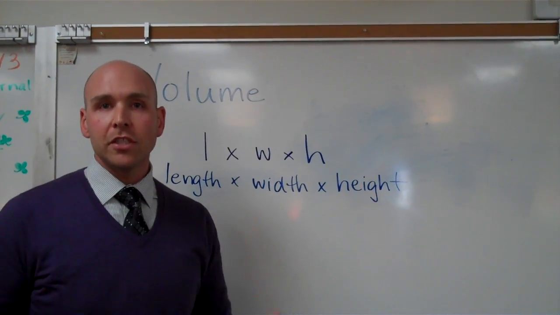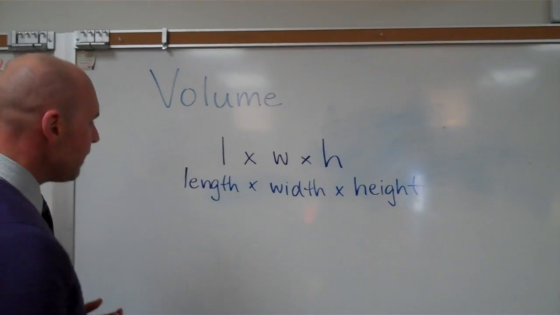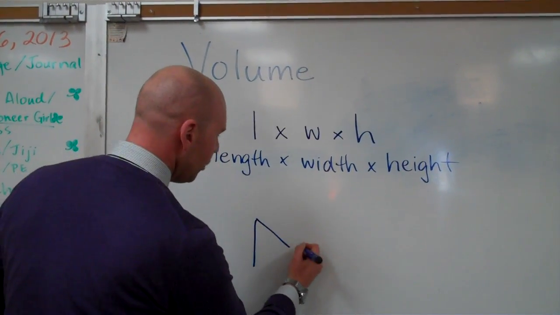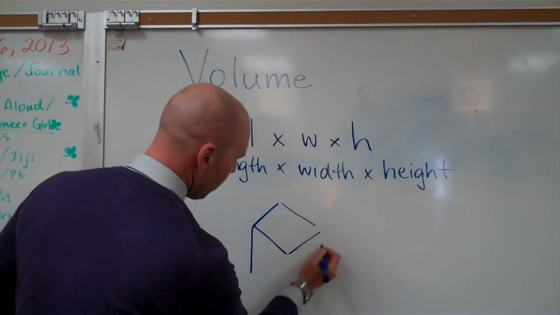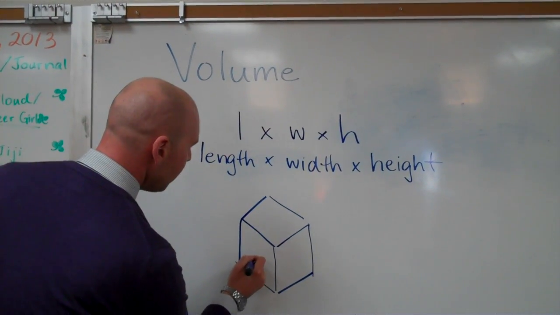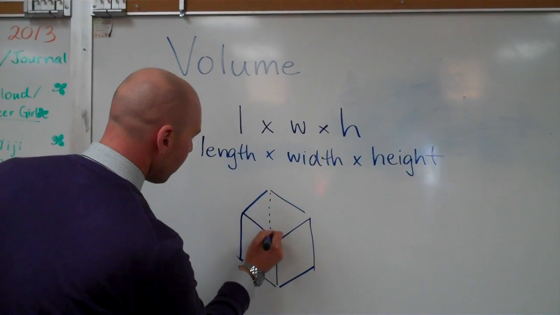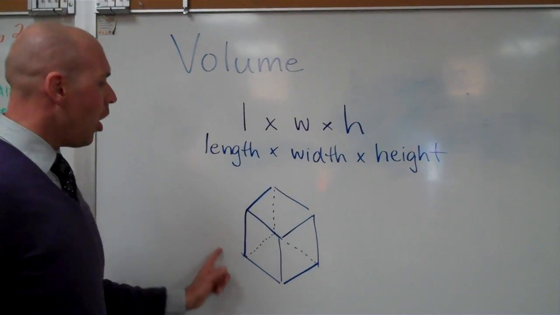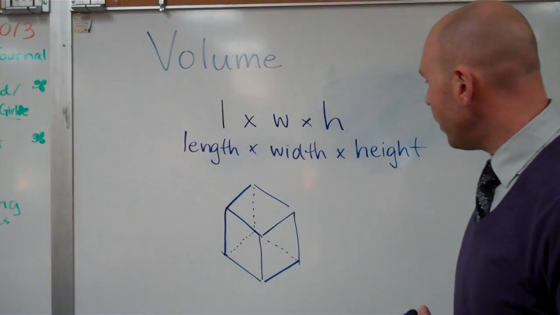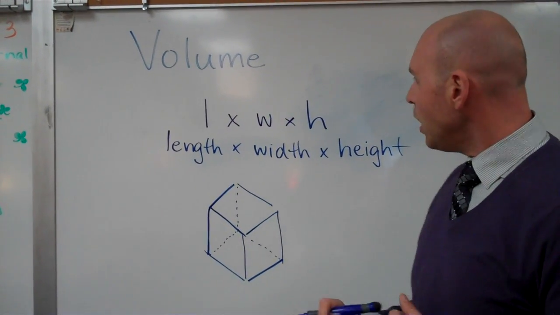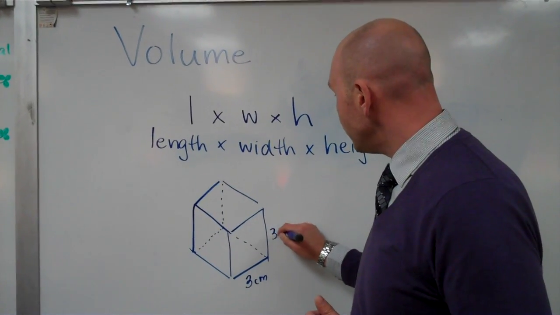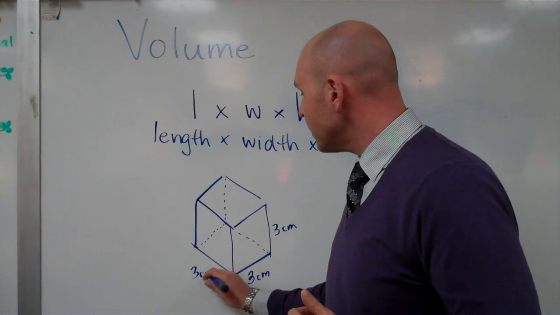This is something you've been doing. So let's start super simple. Let's take a cube. We're going to imagine that all of the edges are the same, all the faces have the same surface area. So let's imagine that our cube measures 3 centimeters by 3 centimeters by 3 centimeters.